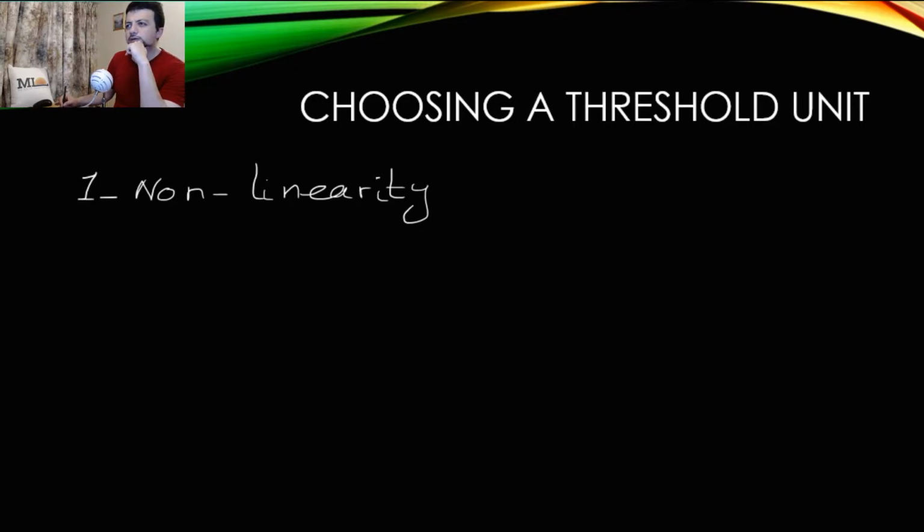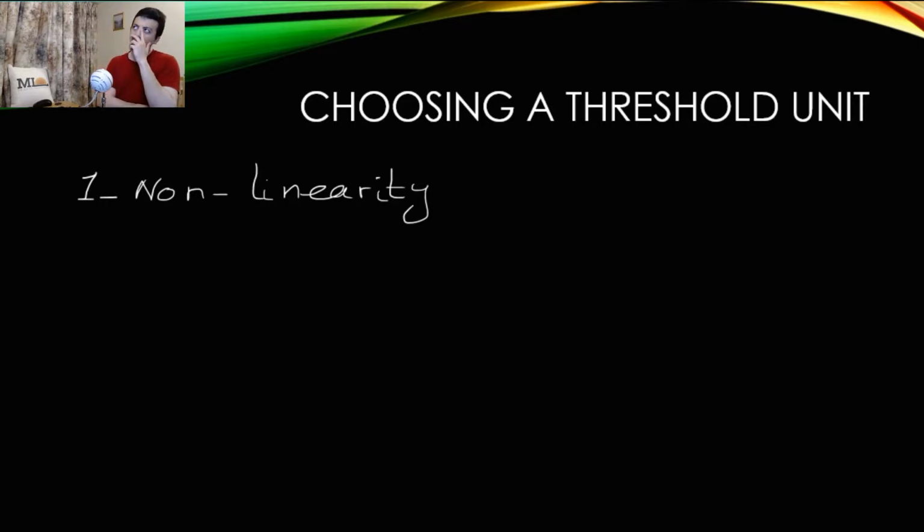Now, what about differentiability? In the previous videos, we've talked about gradient descent and stochastic gradient descent. We've talked about the delta rule, and one thing you've noticed there is that we need to take the partial derivative of our error with respect to all of the parameters in our network.